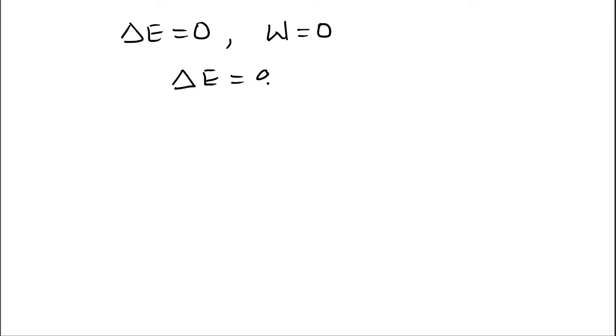Delta E equals Q plus W. That makes 0 equal to Q plus 0, so Q is 0. That means without using its energy and without taking heat from outside, the system is expanding in the vacuum. So that is a free expansion.